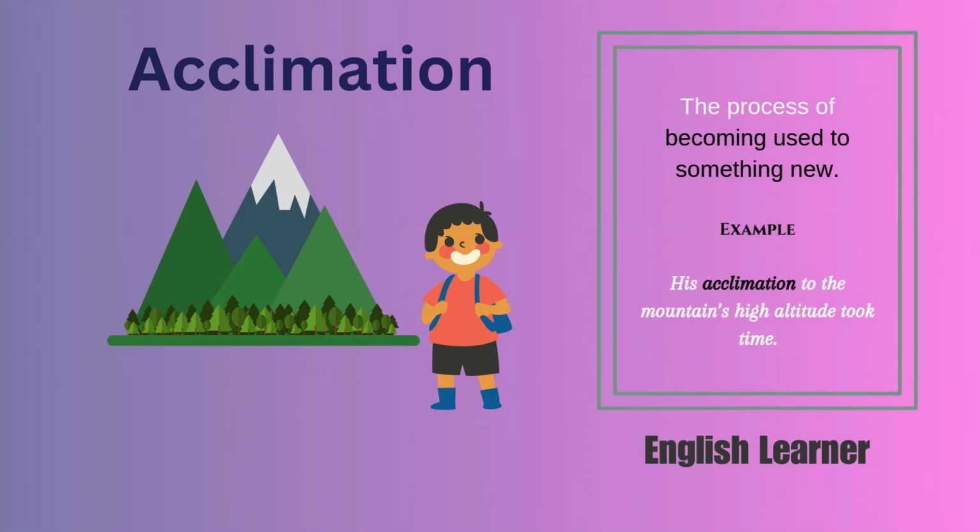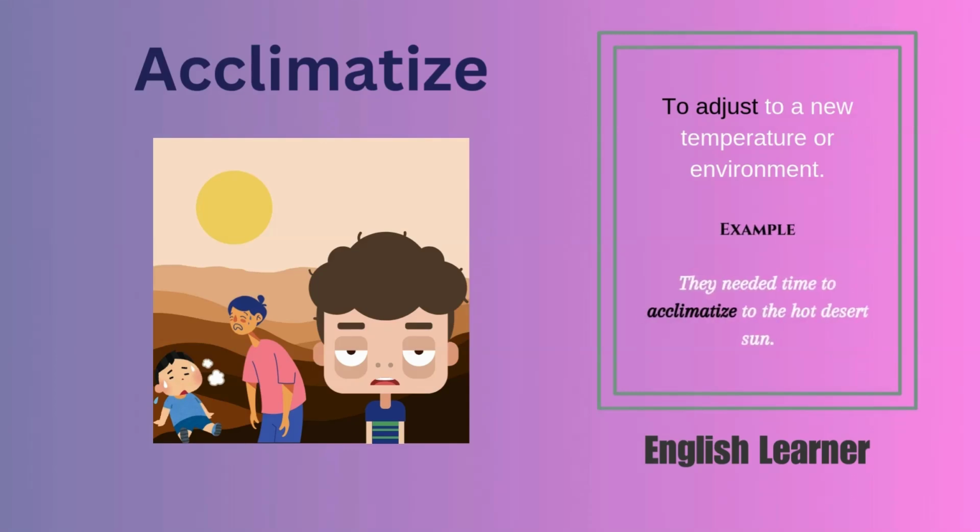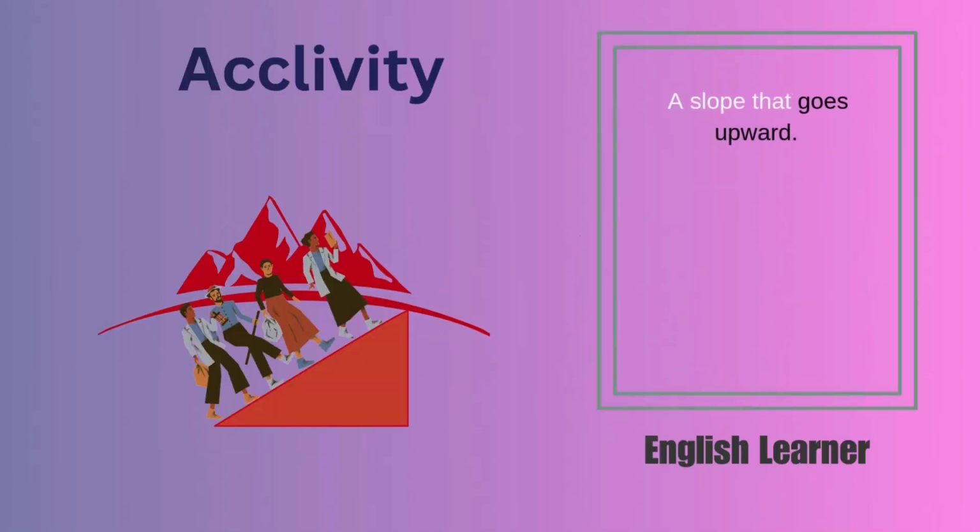His acclimation to the mountain's high altitude took time. Acclimatize. To adjust to a new temperature or environment. Example. They needed time to acclimatize to the hot desert sun. Acclivity. A slope that goes upward.